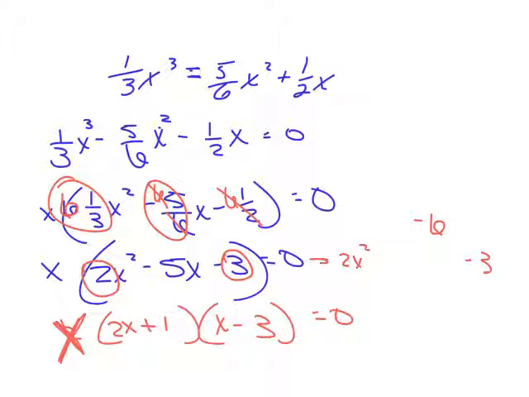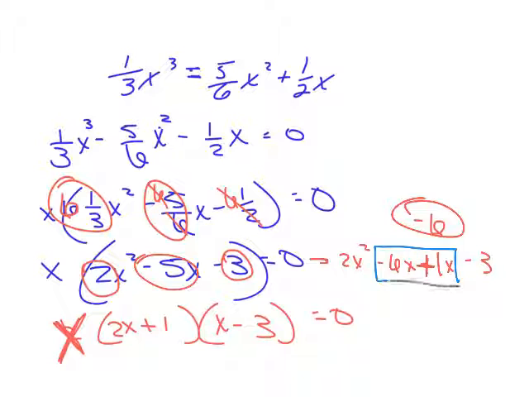So this would be a minus 6x plus 1x. So those two numbers multiplied together, 6 and 1, give me my negative 6. Added together, give me my negative 5. So I put these two in place of my negative 5x. And then I'm able to do my grouping.